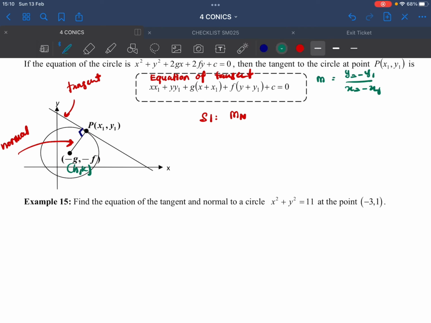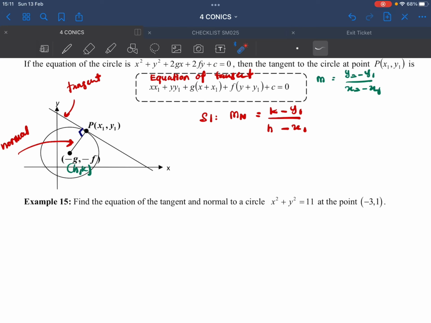So we are going to use that point. Make sure on top is y, at the bottom is x. So that's going to be k minus y1 over h minus x1. I am going to use HK instead of GF, otherwise it's going to be a little bit complicated. So here we have the gradient of normal.